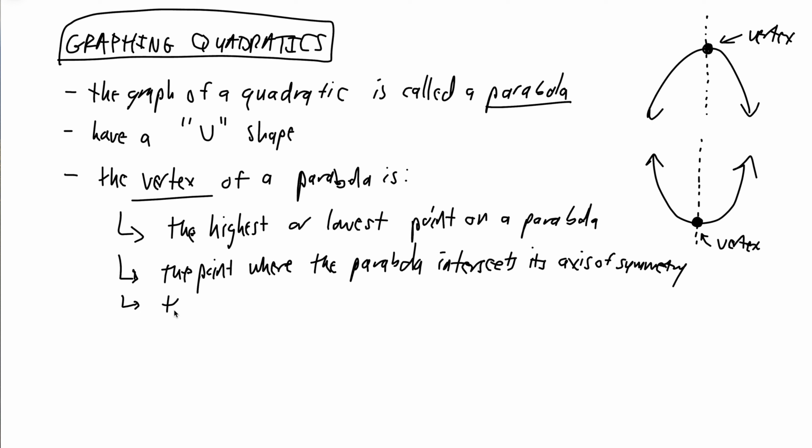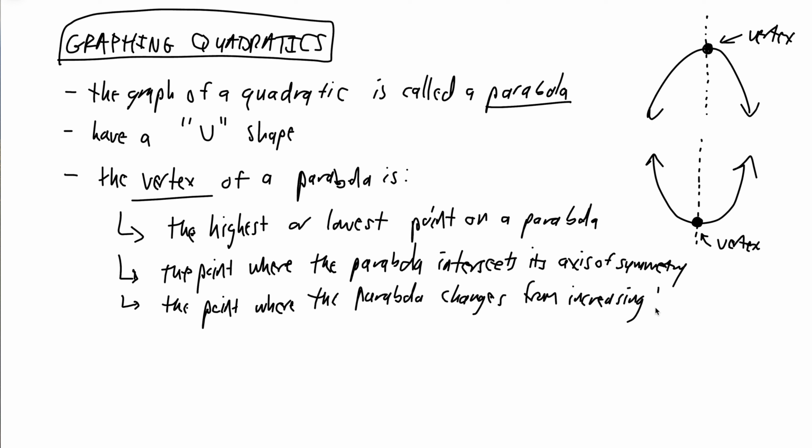The vertex also is going to be the point where the parabola changes from increasing to decreasing or vice versa, right? So in this case, again, our graph is going down here.